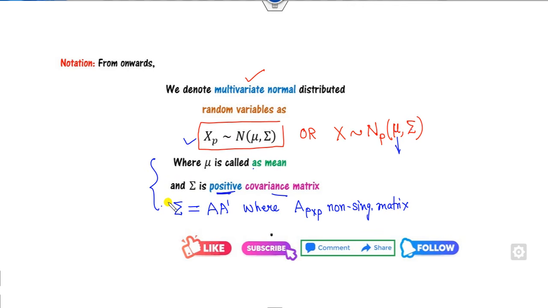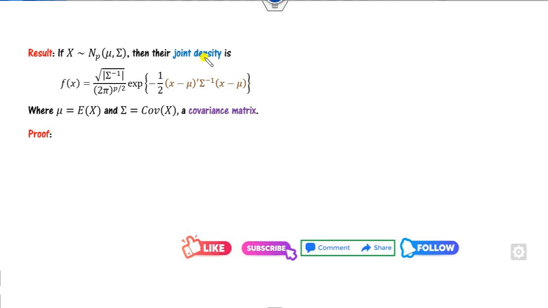Now look at another one. Here sigma is my positive definite covariance matrix, and your target is to find the probability density function. Again, very simple. It is given that X follows the multivariate normal distribution.